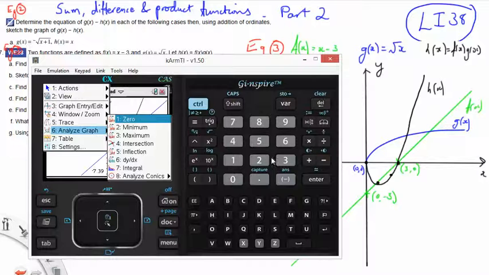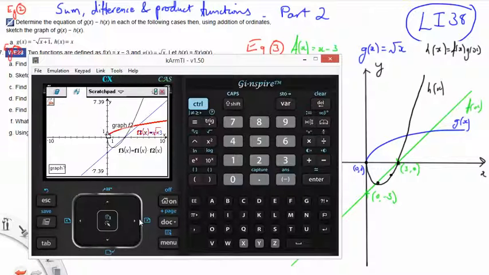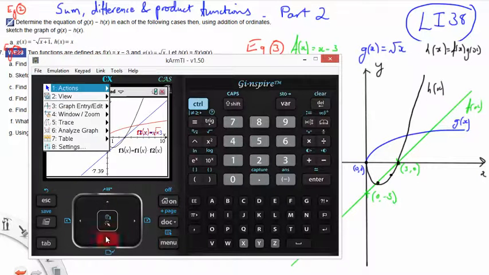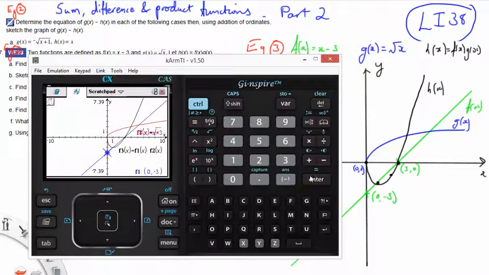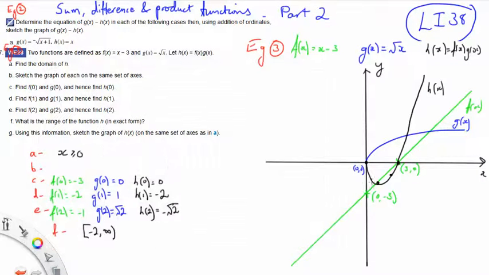You can find a minimum. You could use a trace. Let's try tracing. No, the arrows don't want to work. Okay, very stubborn. Find the minimum using your CAS if you want to confirm that.